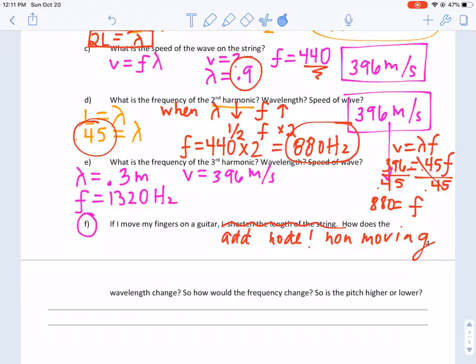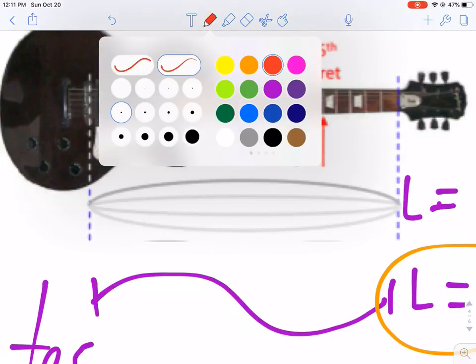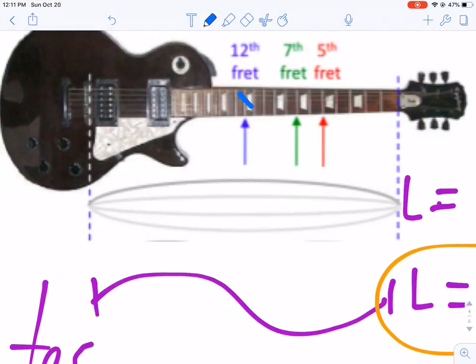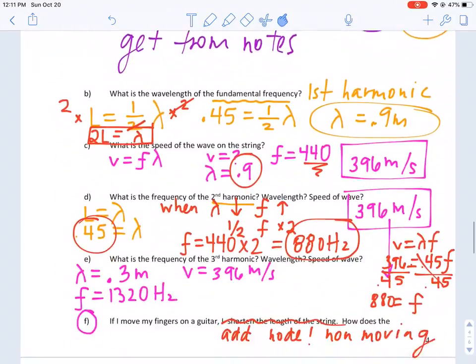And so if I'm shortening that, I'm adding a node, I'm turning, say, I put my finger on the 12th fret right here. I am turning this harmonic, that harmonic can no longer be made because I'm adding a node here. I'm turning it to this one. So I'm increasing in my harmonic number.